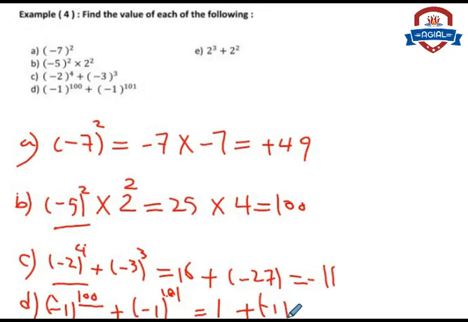So we have 1 plus negative 1, and 1 plus negative 1 equals 0, from the additive inverse property.